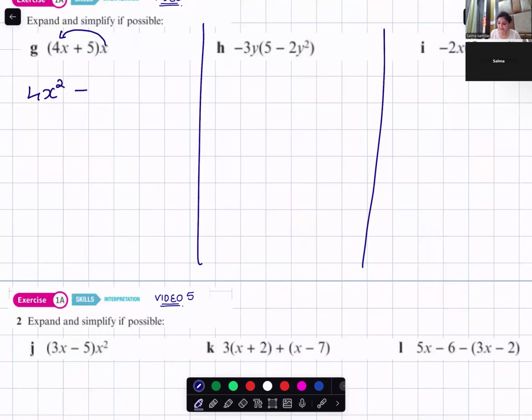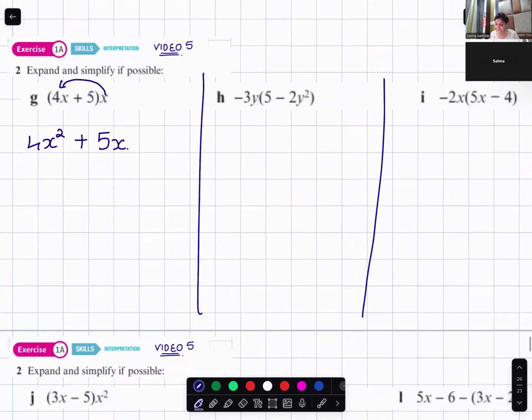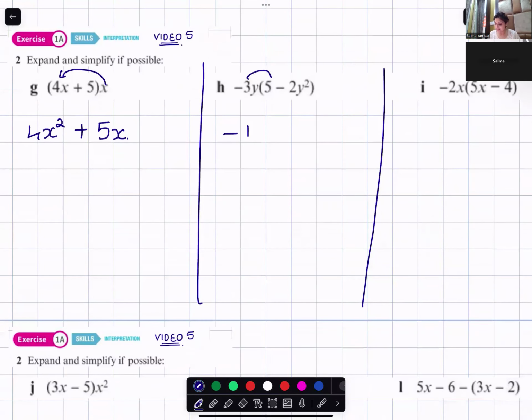4x square plus 5x. Minus is going to change the sign inside. Minus 15y, it is going to change the sign. Plus 6y, 2 plus 1, so it becomes plus 6y cubed.